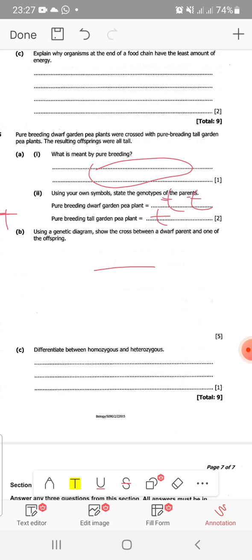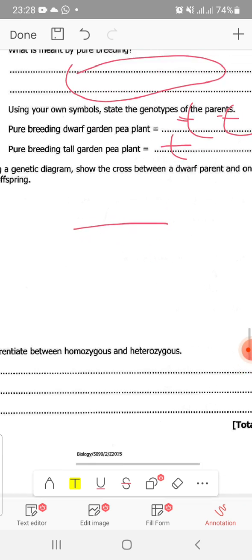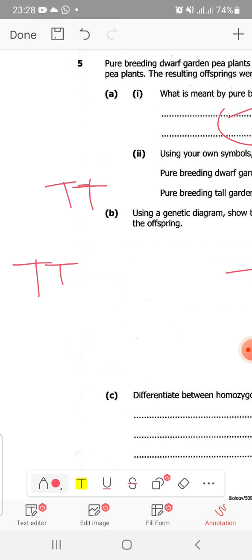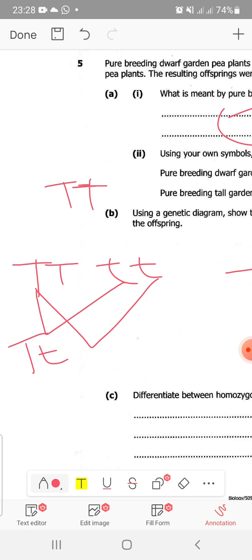Then, using a genetic diagram, show the cross between a dwarf parent and one of the offspring. For the two original parents, one is homozygous tall and one is homozygous dwarf, and when you cross these two, the offspring will all be tall.